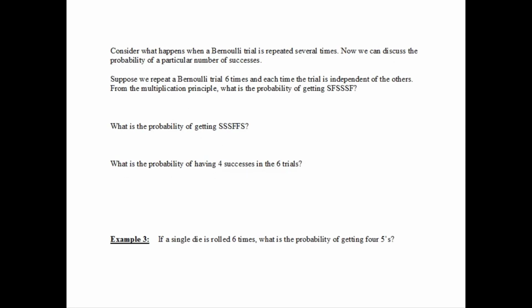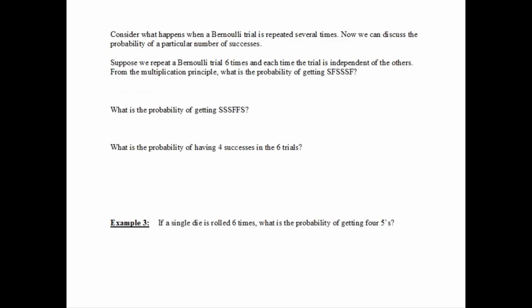Okay, now we're going to consider what happens when we repeat a Bernoulli trial several times. And we're going to discuss the probability of a particular number of successes. Let's let S represent success, and let's let F represent failure.